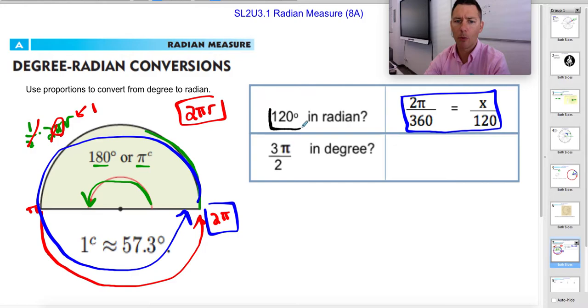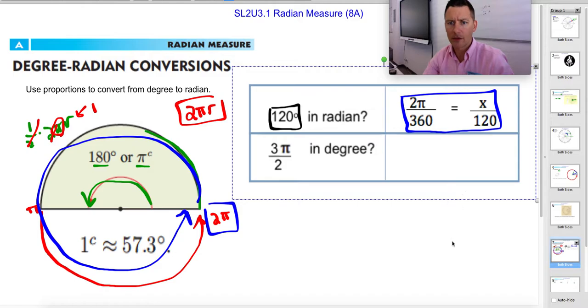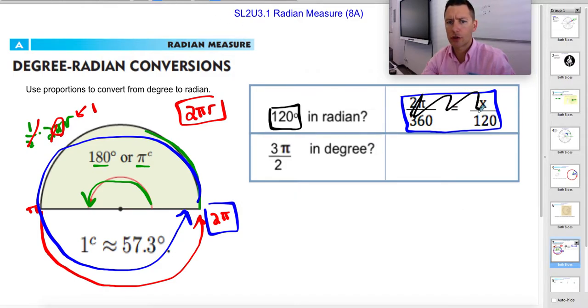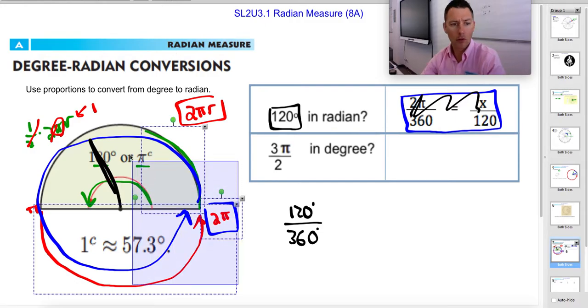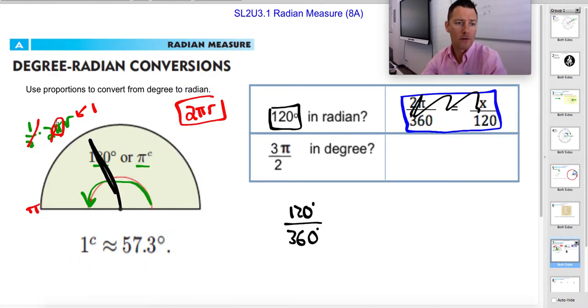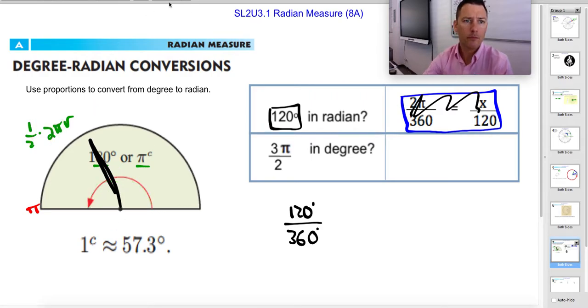If you're changing from 120 degrees and we want to change it to radians, actually I like to work it a different way than this. I like to say, all right, the piece in degrees, that fraction, the part that we go around, 120 degrees, over the total, that'll be the same fraction, same ratio going from here to here, in degrees as it is in radians, right?